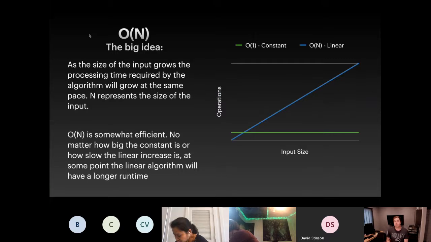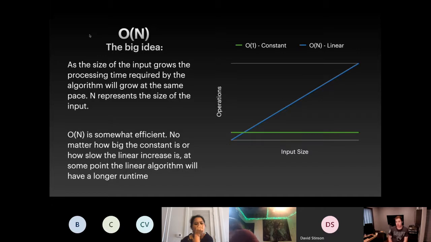Here is the big picture of O(n). As the size of the input grows, the processing time for that algorithm will also grow at the same pace. So they're in lockstep. As input grows, your runtime also grows. So O of n is efficient.